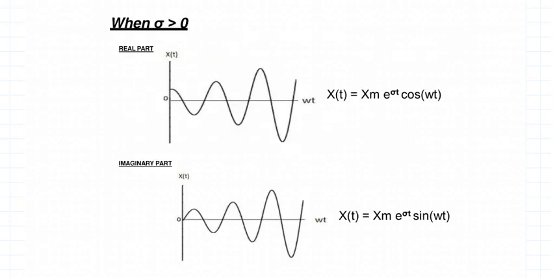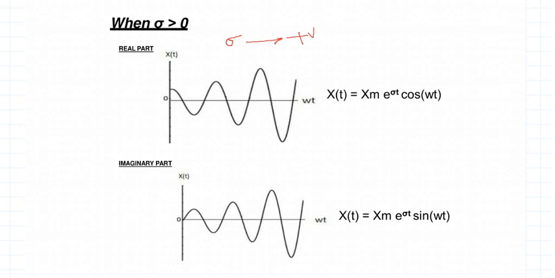We'll take the case when sigma is greater than 0. Right? So this is our real part, this is our imaginary part. So when sigma is greater than 0, what is the meaning of it? It indicates that sigma is taking all positive values.